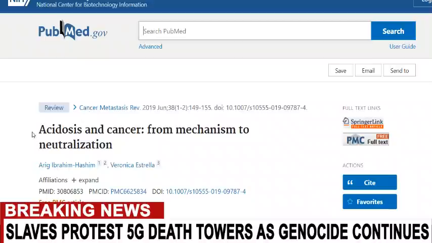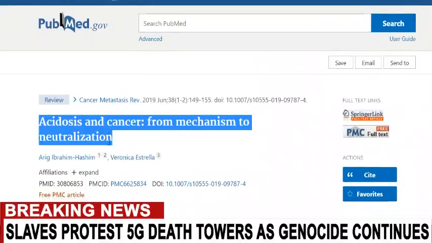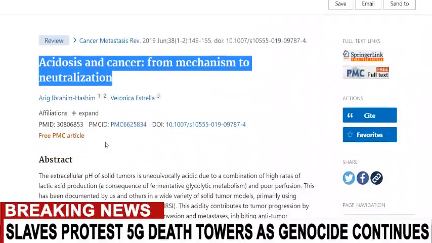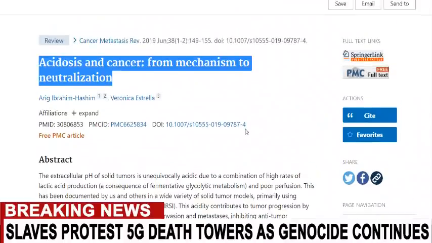You can look up all of these titles and follow along, expand your research, replay on demand, all of that. But here in this abstract, the extracellular pH of solid tumors is acidic due to a combination of high rates of lactic acid production and poor perfusion. This has been documented for years, etc., etc.